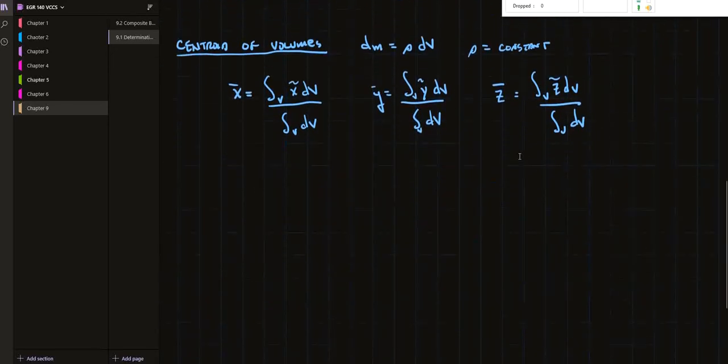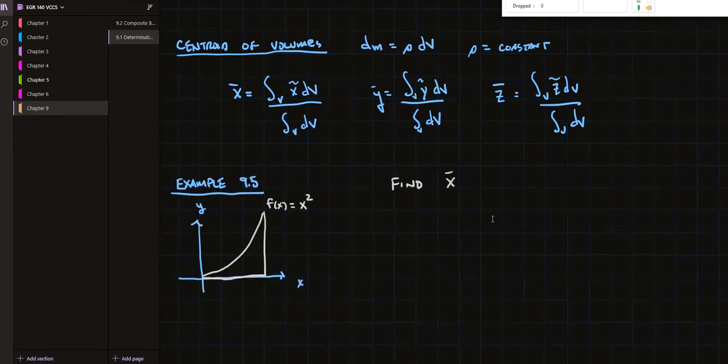So let's actually do an example of this. Here we have an irregular shape with the top line being f of x equals x squared, and it's bounded by the line y equals 1 over here, and the x-axis.